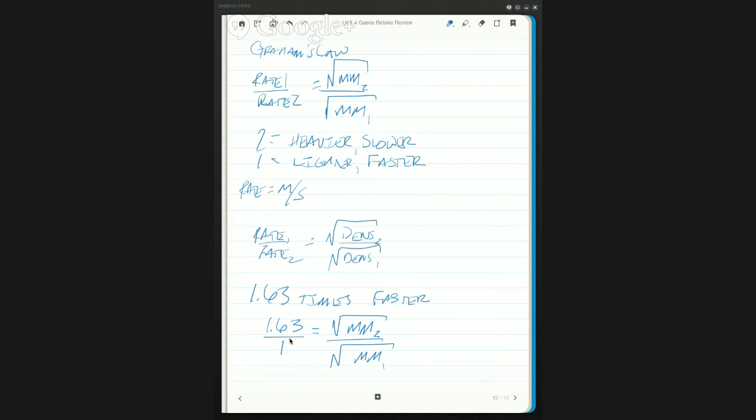If they say that it's 1.63 times slower, then it's 1 over 1.63 is equal to the square root of the molar mass of 2 over the square root of the molar mass of 1. Okay, so those are some tricks that will be happening.